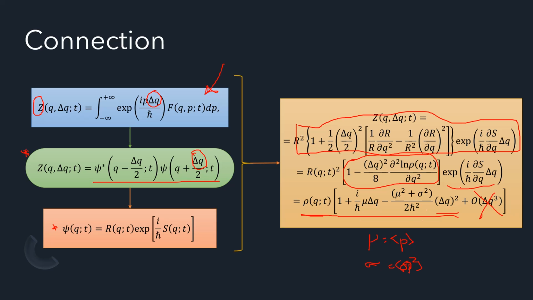So the fact is that this expression is exactly the expression that we obtain using the central limit theorem to show that, for the assumptions made in the central limit theorem, the resulting probability density function is indeed a Gaussian.